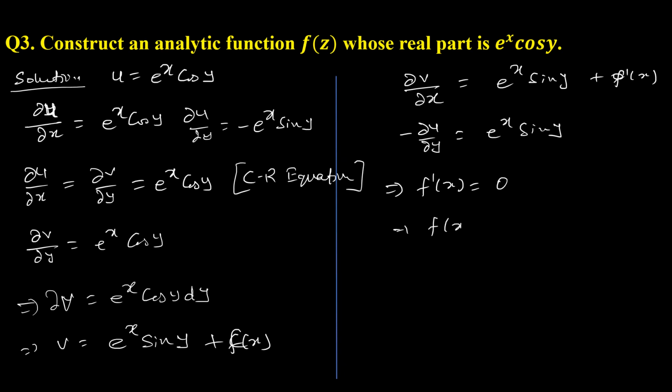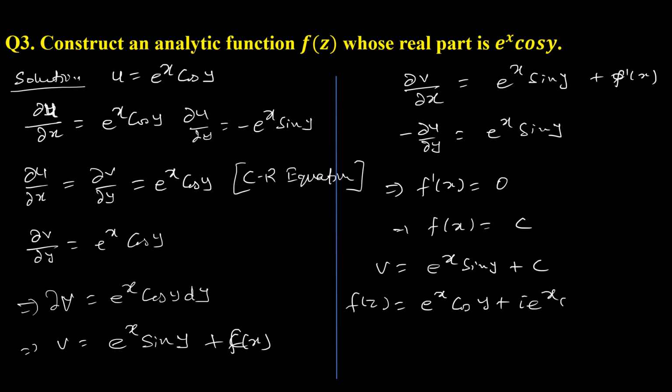In that case, f of x is what? It is nothing, it is a constant. So v, you can write, is e to the power x sin y plus c. So in that case, your f(z) will be u plus iv, and u is e to the power x cos y plus i e to the power x sin y plus ic.